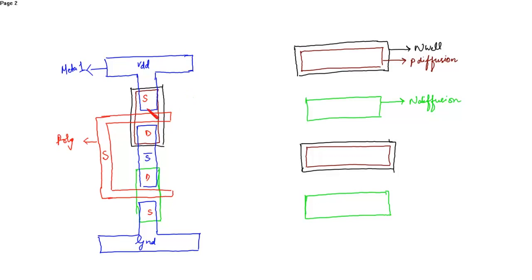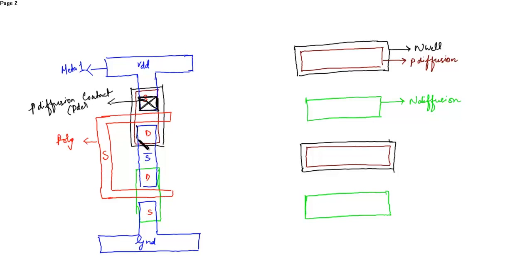Now we can place the contacts in order to complete this inverter. Here we need to place a P diffusion contact in order to make a contact between the P diffusion and the metal layer. So this is the P diffusion contact or PDC contact.